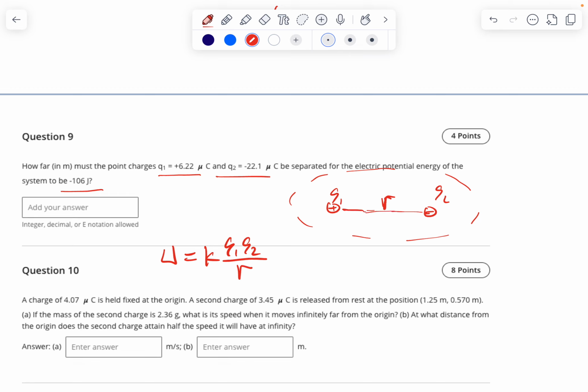We'll just plug in everything. The energy here is negative 106 joule. And k, Q1 is 6.22 times 10 to the negative 6, Q2 is negative 22.1 times 10 to the negative 6, divided by distance r. You're looking for r, so solve for r.